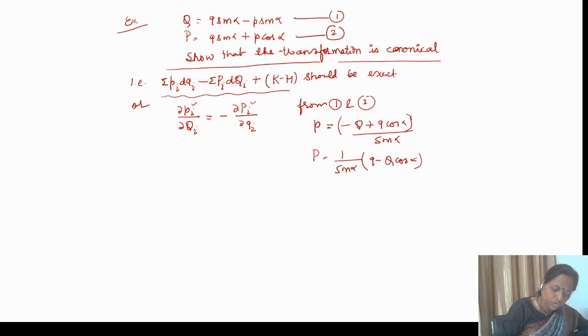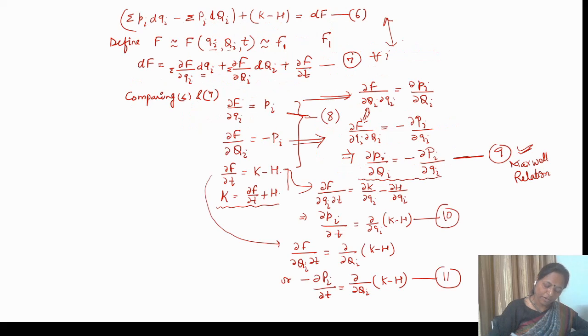If you solve these two equations, you will get this type of relation. Now you see that capital P, small p, capital Q, capital P are not depending upon time. So if these are independent of time, naturally this side will be 0, this side will be 0. And then you are left with K minus H is equal to constant with respect to Qi.